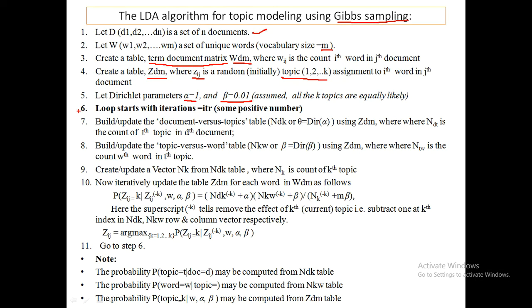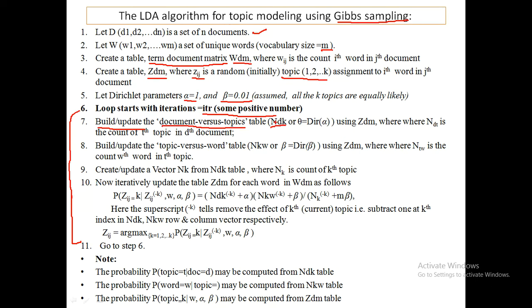Now let's have a loop over these steps. The number of iterations again depends upon the knowledge of the person. Now let's build, or update, initially build, a matrix called document versus topic, named as NDK, also denoted as theta, Dirichlet of alpha.